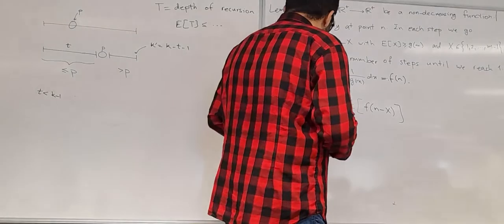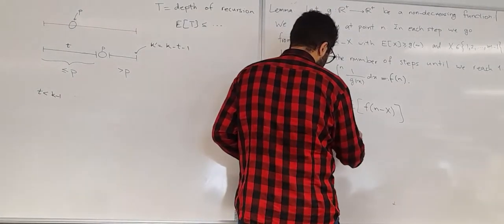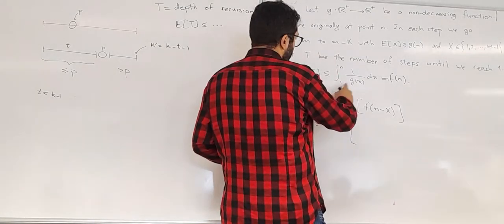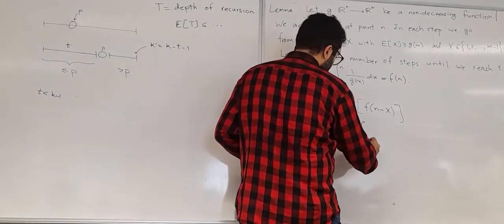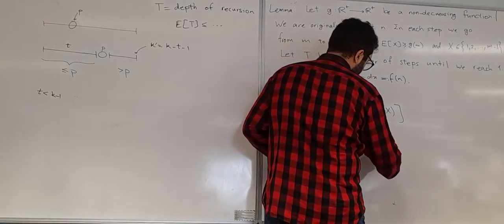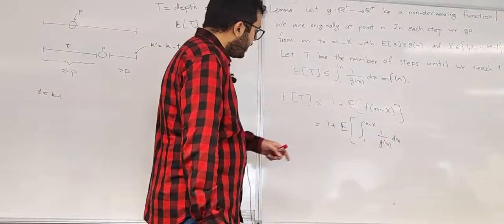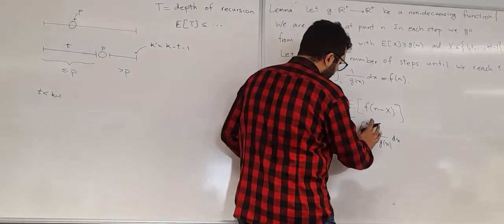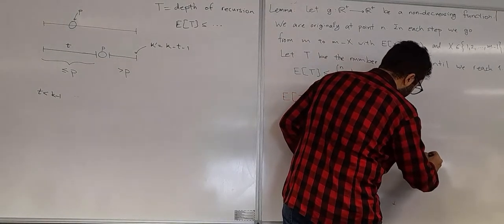Okay, so let's expand this. This is 1 plus the expected value, and let's just use the definition. If I want f of n minus x, that's the integral from 1 to n minus x of 1 over g of x dx, right? But the integral from 1 to n minus x, I can write as the integral from 1 to n minus the integral from n minus x to n.